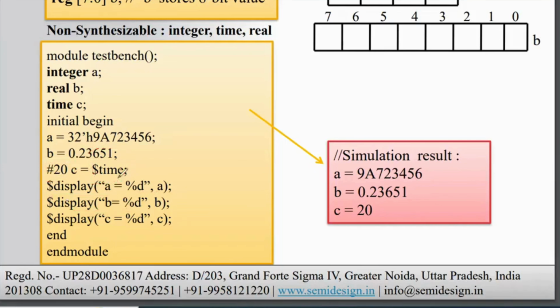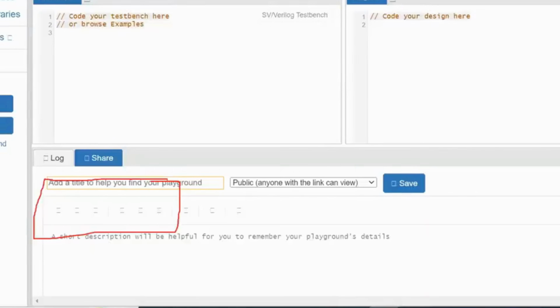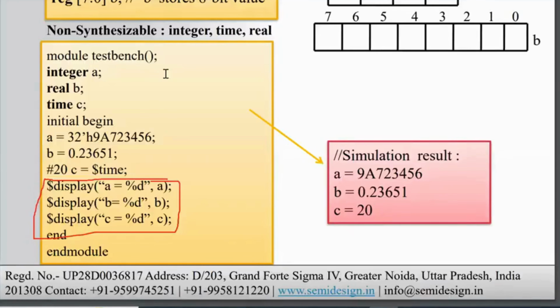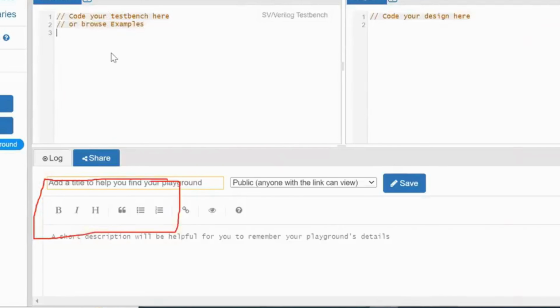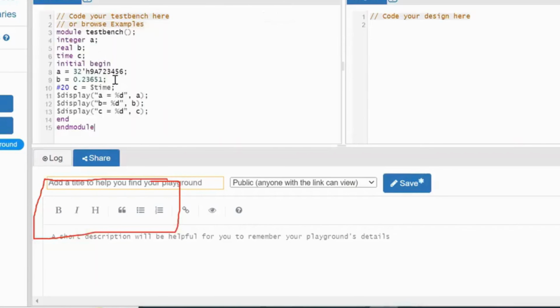Okay, if you see here, there is some change we need to make. What change is required here in the display statements? Can you tell me? No idea.